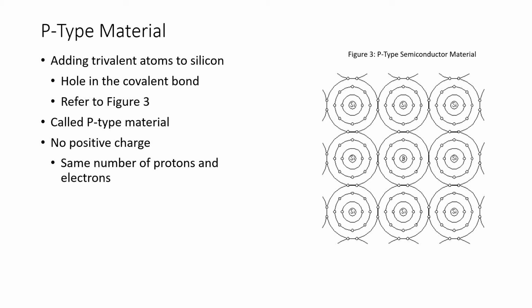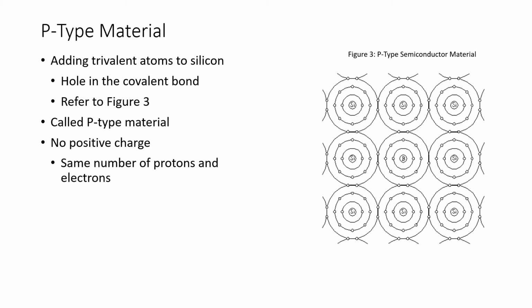There's simply a place right here, again, where everybody would be just tickled to death if there was an electron there to complete the 8 electrons in the outer orbit. But again, we just don't have enough to go around.